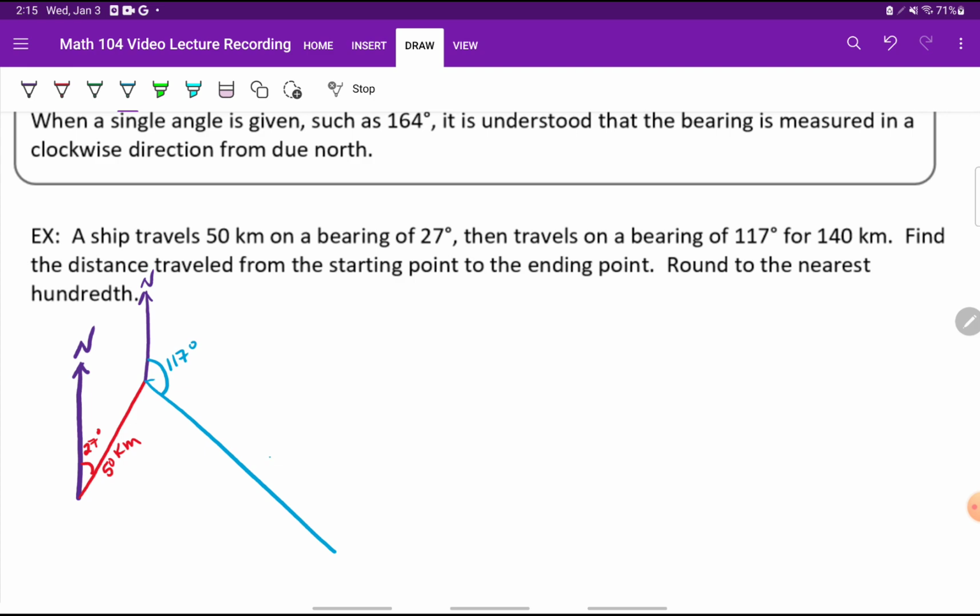And it traveled 140 kilometers. And then our question is to find the distance from the starting point to the ending point. So we're looking for this distance here.